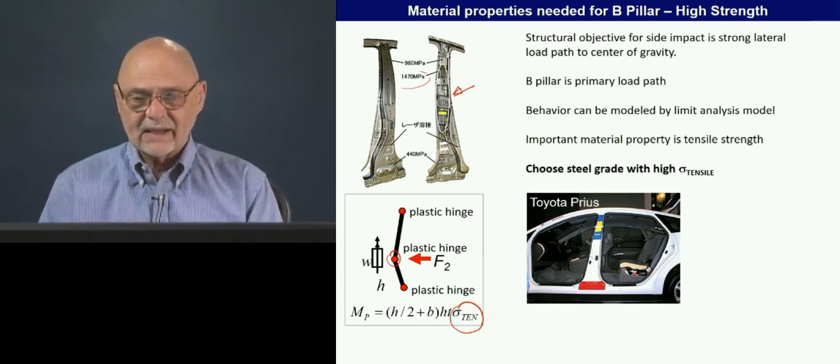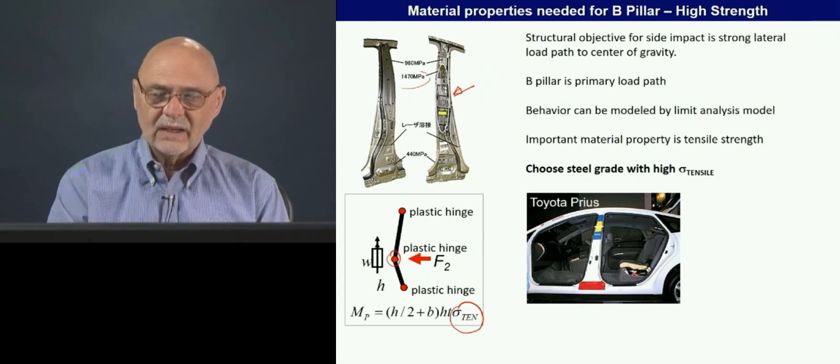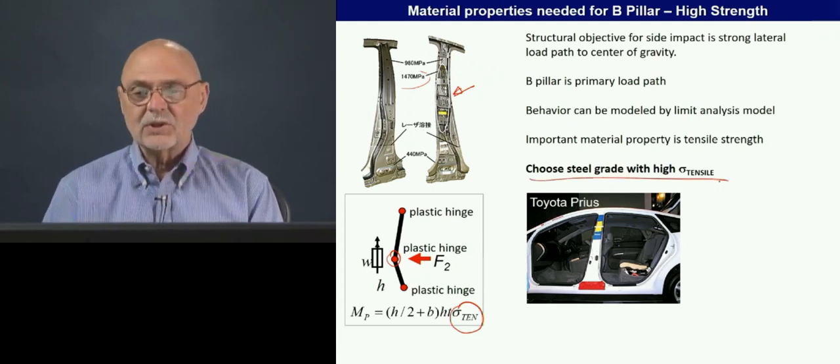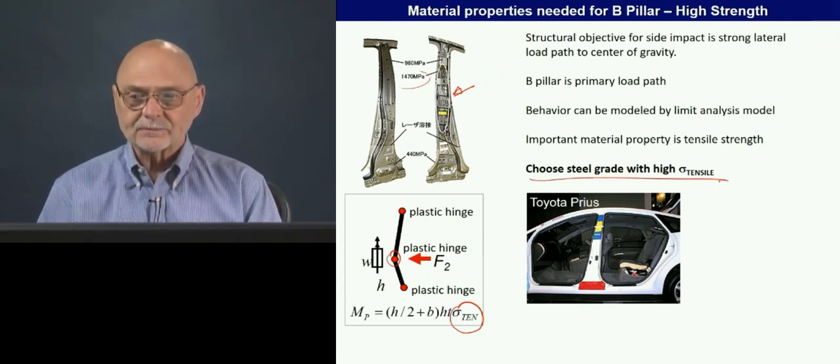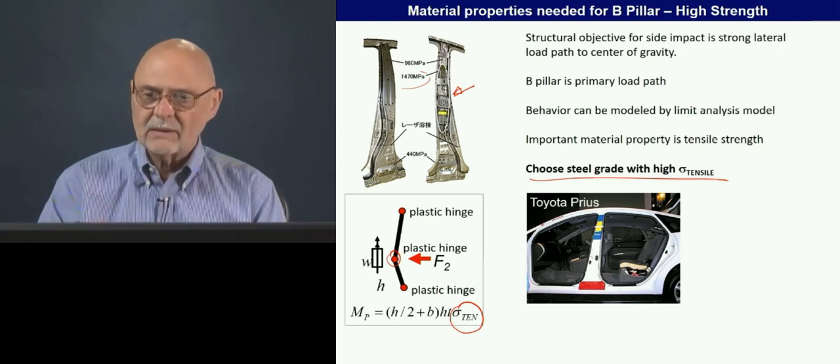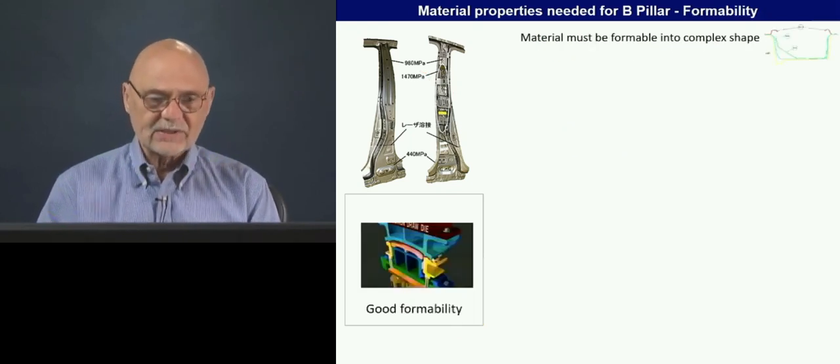So we need that high strength in order to have a reasonably sized structure. So we want to choose the steel grade with the highest tensile strength. And again, this is a review of what we talked about last time.